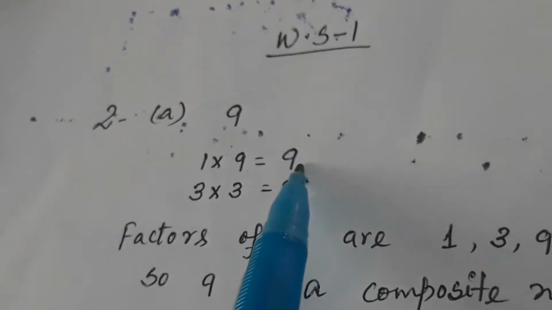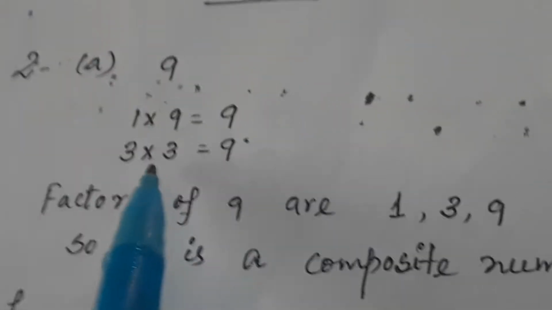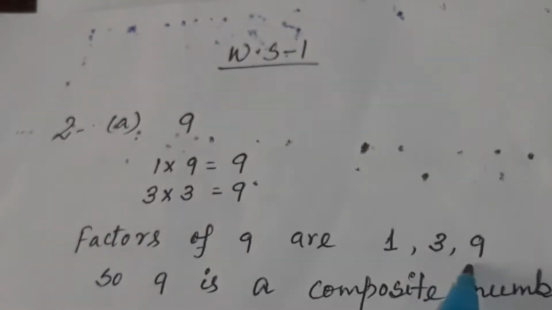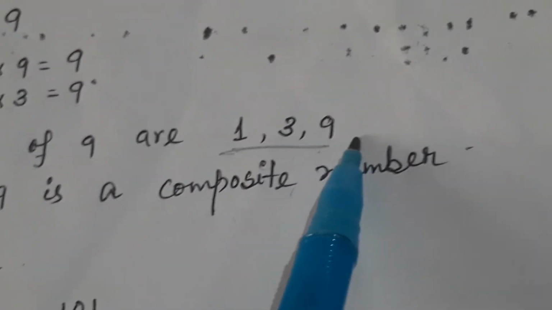In the multiplication table, 1 into 9 equals 9, 3 into 3 equals 9, and there is no other factor. The factors of 9 are 1, 3 and 9. So is 9 composite or prime? It is a composite number because there are more than 2 different factors.